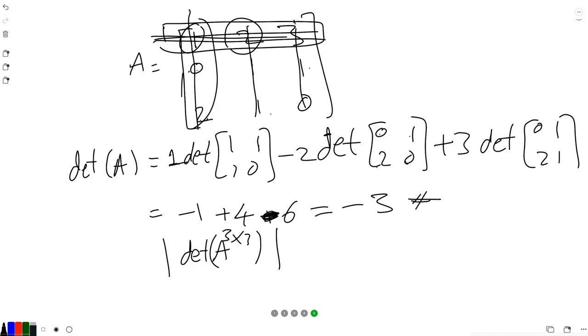What if you have a matrix A that is n by n? Then the absolute value of the determinant again represents the n-dimensional volume of the box formed by the column vectors of this matrix A. So this is quite a general description of the determinant.